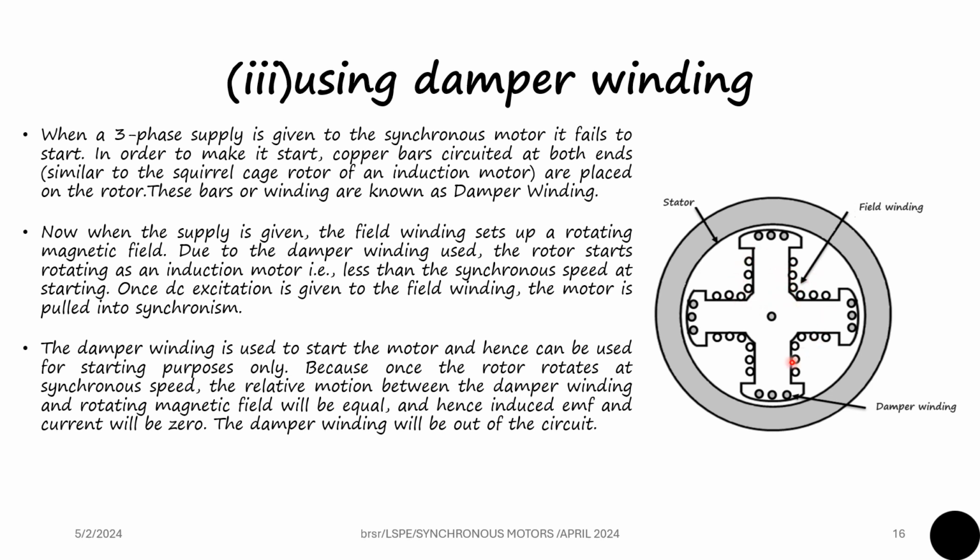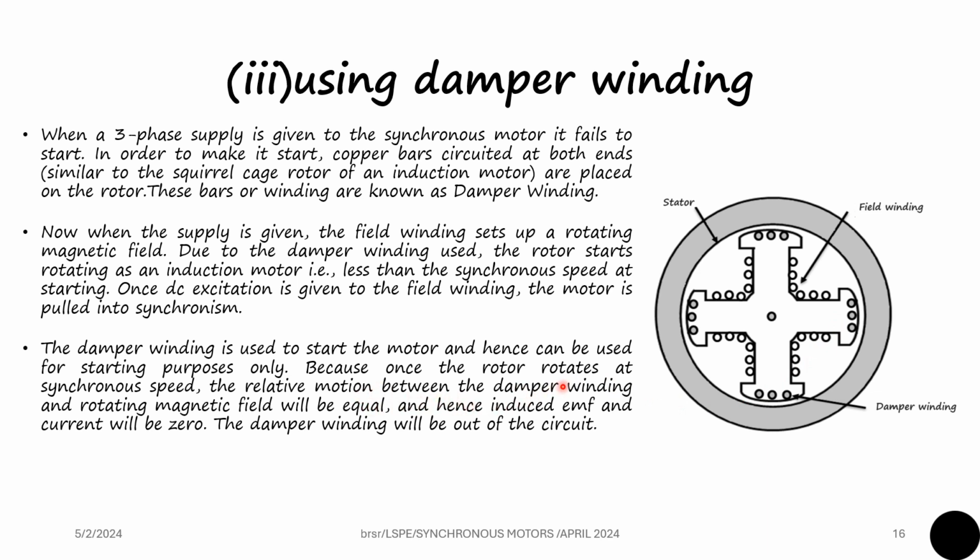That is, the rotor will start rotating at a speed which is less than the synchronous speed. Now, when the excitation is given to the field coils, the rotor will be pulled into synchronism and it will start working like a synchronous motor.